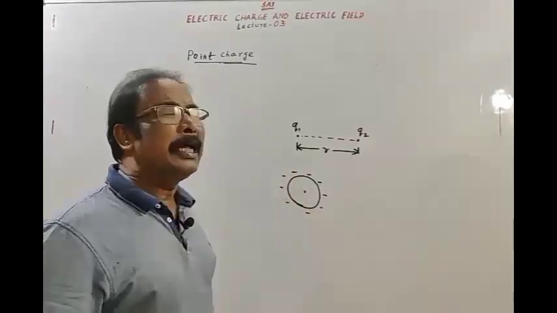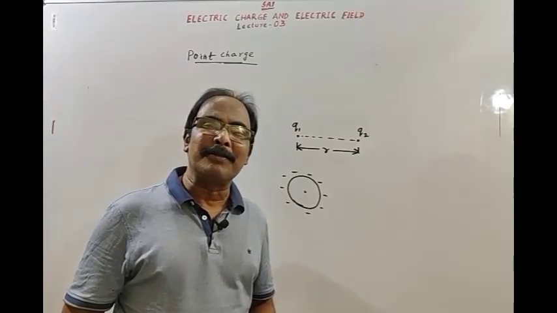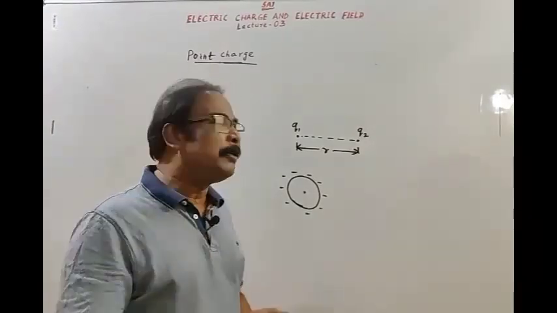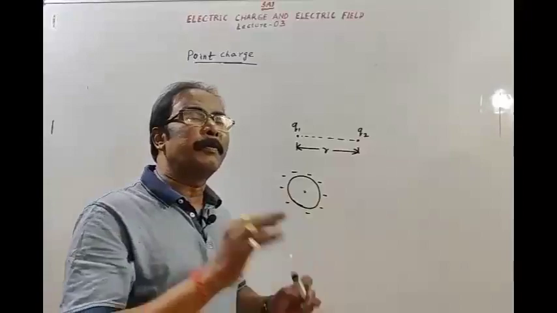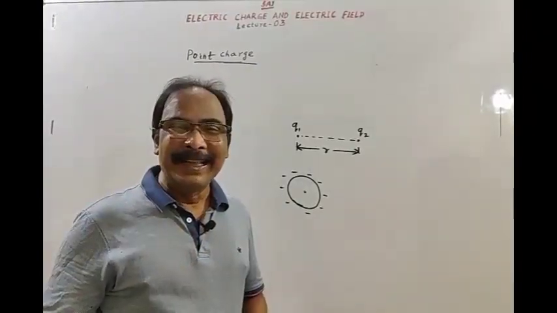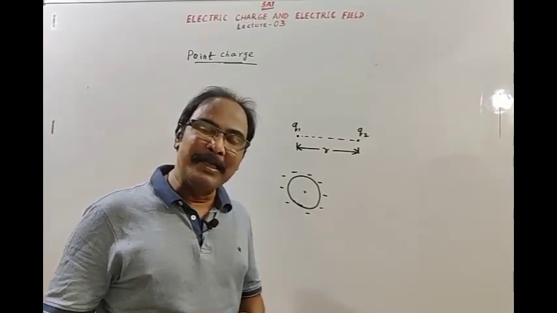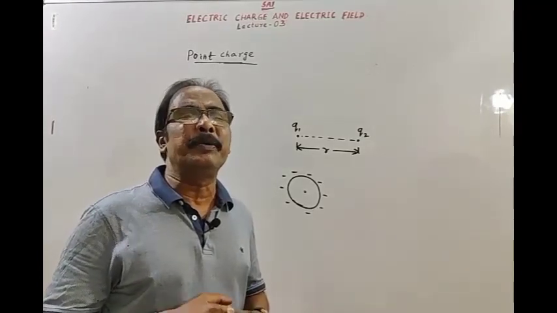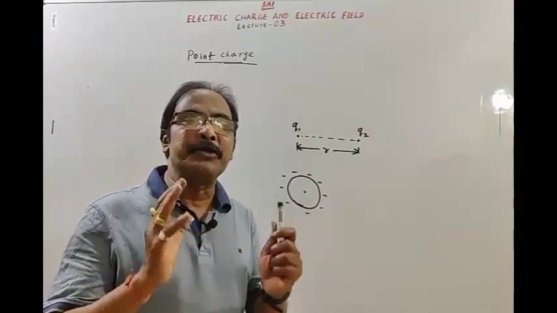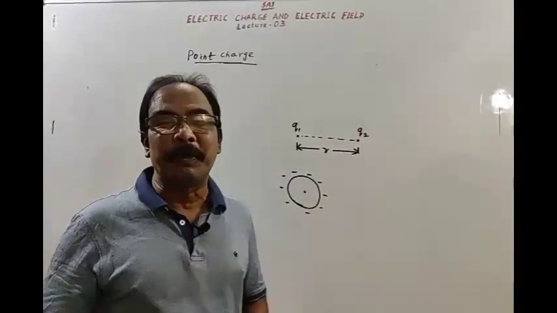If we consider a small spherical body which is negatively charged, total negative charge is distributed on the surface of the sphere uniformly. That's why we have considered a spherical body. The surface is perfectly smooth, so the distribution of charge may be assumed to be perfectly uniform on the surface of a spherical body.